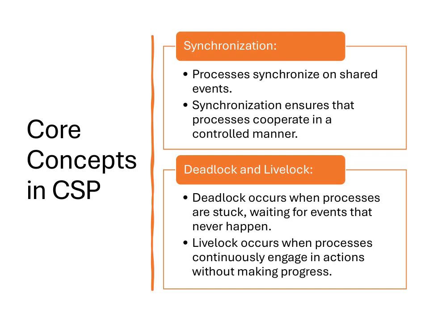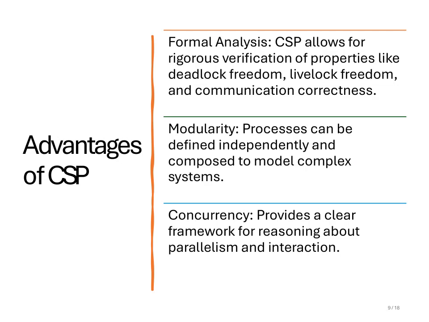Deadlock happens when processes are waiting indefinitely for events that never take place, causing the system to halt. Livelock, on the other hand, occurs when processes keep performing actions repeatedly but fail to make any real progress, essentially getting stuck in a loop of activity without completing their tasks. Understanding these core concepts helps in designing concurrent systems that are efficient and avoid common pitfalls.